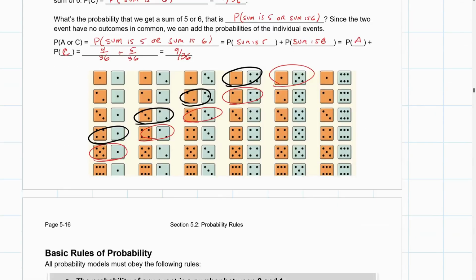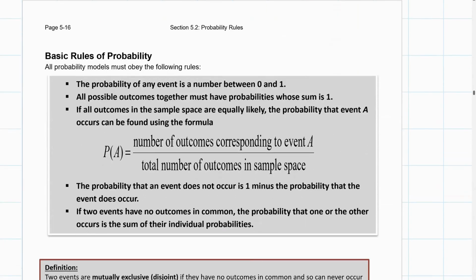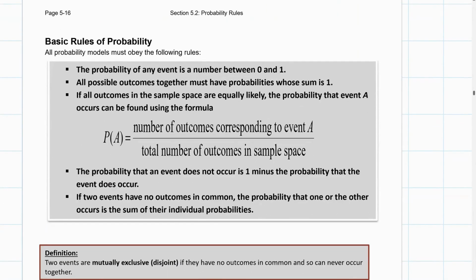Going on to the next page, we have some basic rules of probability. We know already that a probability is some number between 0 and 1. The probability of all possible events together has to have a sum of 1.